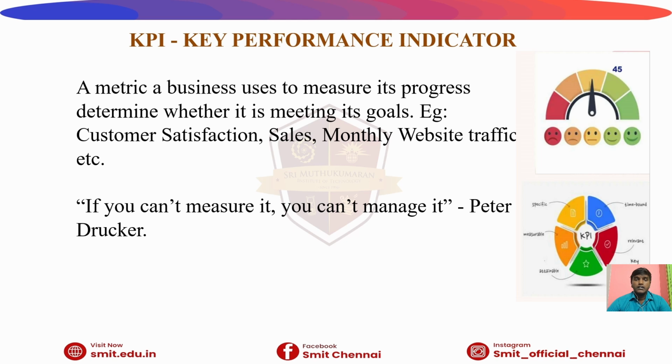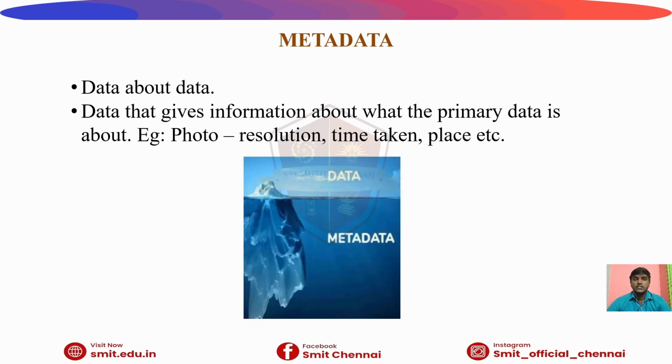Then KPI. KPI stands for Key Performance Indicator. It's a measurable value that demonstrates how effectively a company is achieving key business objectives. Next, metadata. Metadata means it's data about data. It describes the content, quality, and context of a data set.